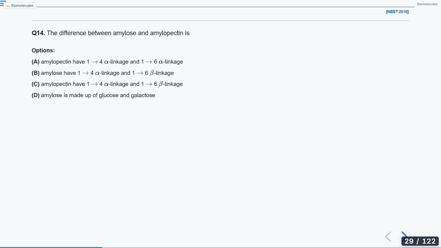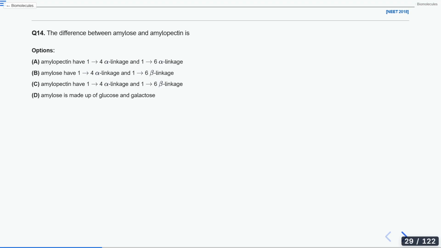First of all, option B is automatically incorrect because amylose has a linear structure, so no branching is required in that. Now the question comes to whether amylopectin has only 1,4 alpha and 1,6 alpha, or it has beta type also.